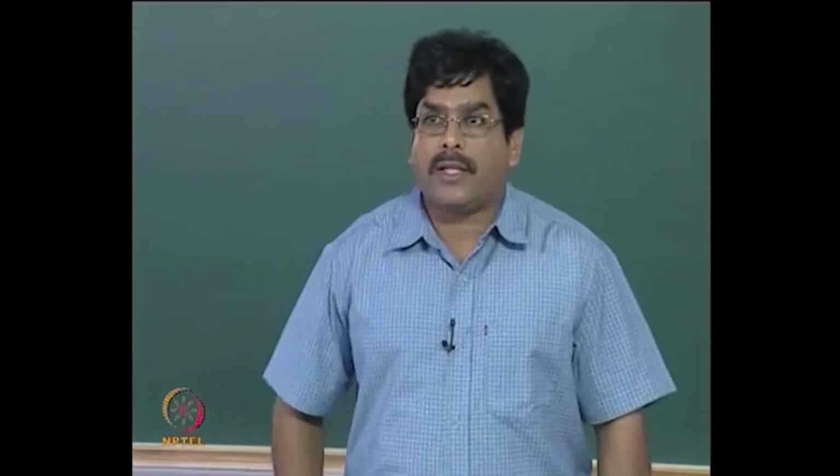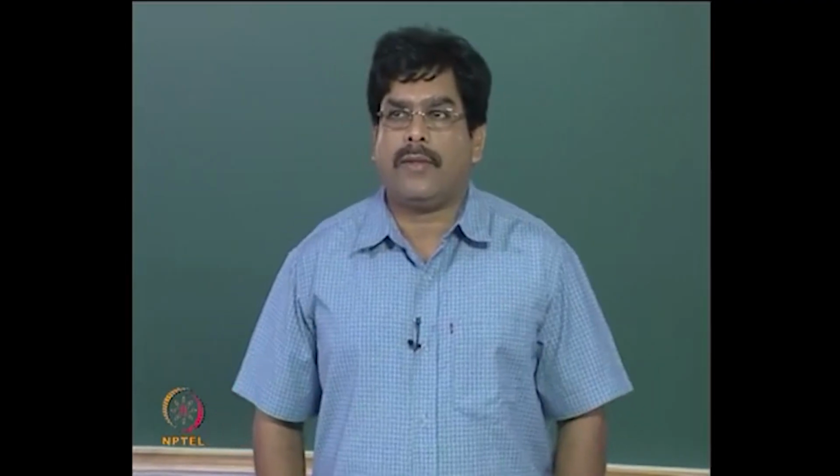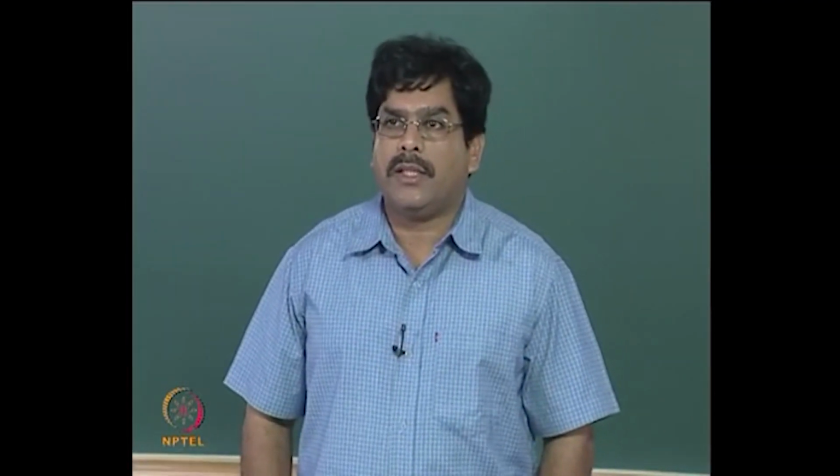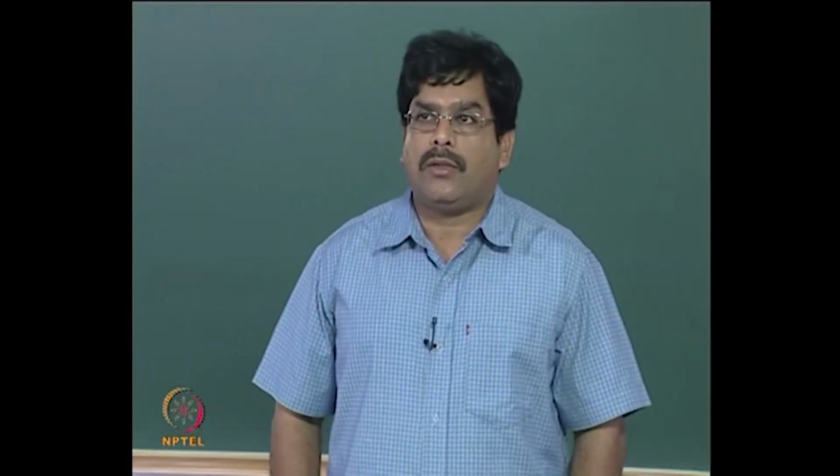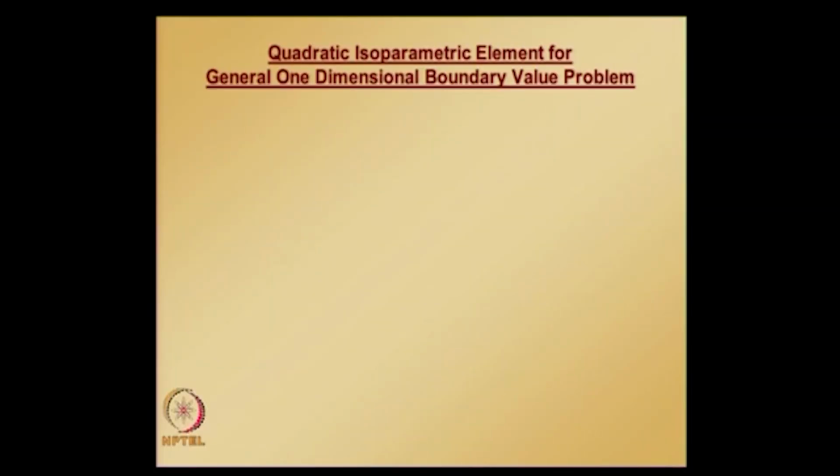And in today's class we will continue. So what we will be doing in today's class is deriving element equations using quadratic element for general one dimensional boundary value problem, which we already did earlier using 2 node linear element.